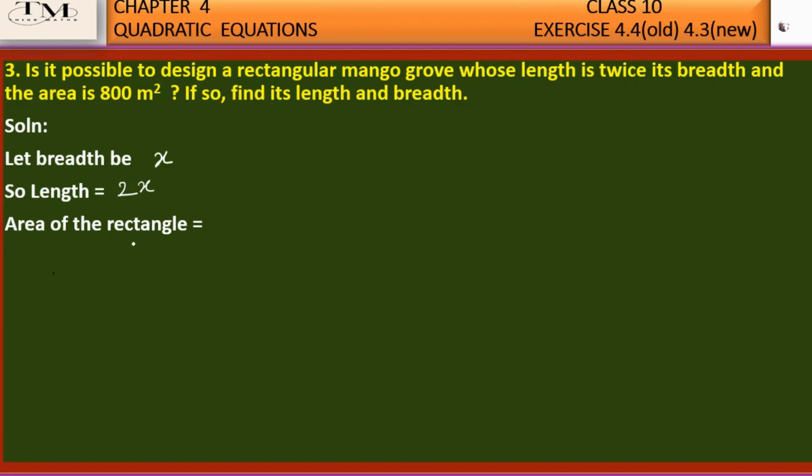So what is the area of the rectangle? Area of the rectangle is 800 meters square. So the rectangle area formula is length into breadth equal to 800. So length is 2x and breadth is x. So 2x into x equal to 800.